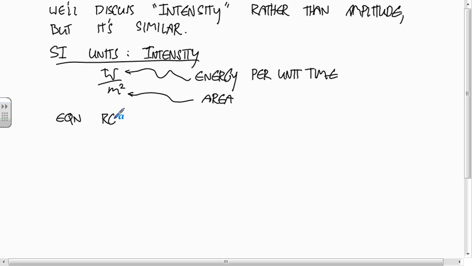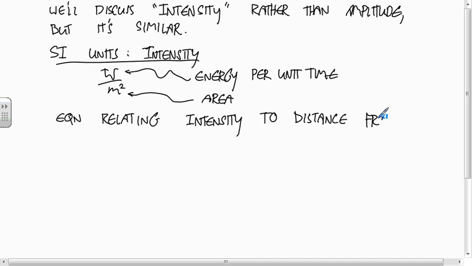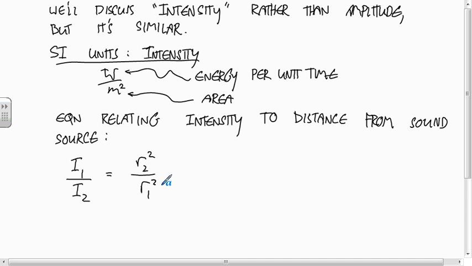And there's an equation relating intensity to the distance from a sound source, and that says that I1 over I2 is equal to R2 squared over R1 squared.